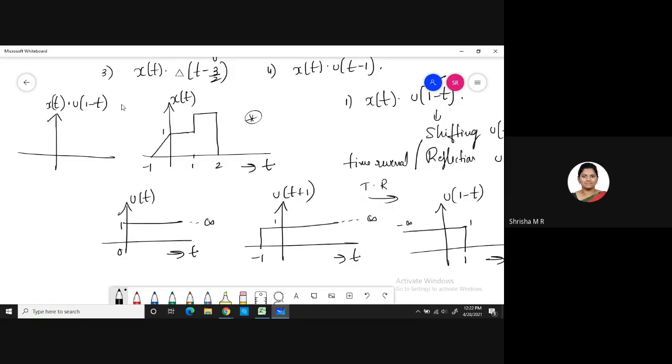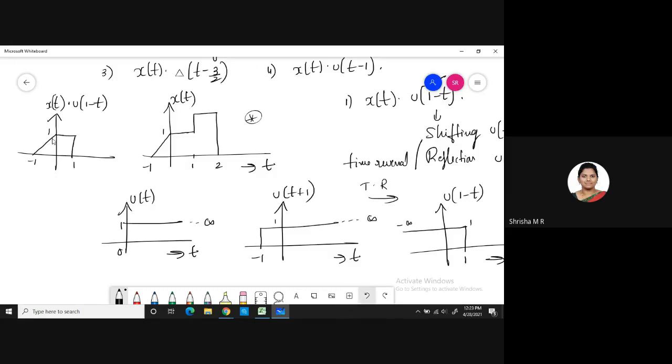How will your waveform look? This is 1 here. From minus infinity to 1, its amplitude is 1. 1 multiplied with anything will be 1 only. So your waveform will be like this from minus 1 to 1, then like this from 0 to 1.